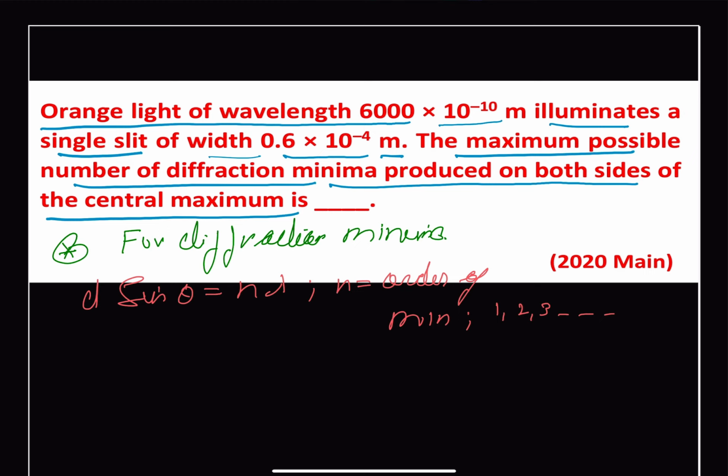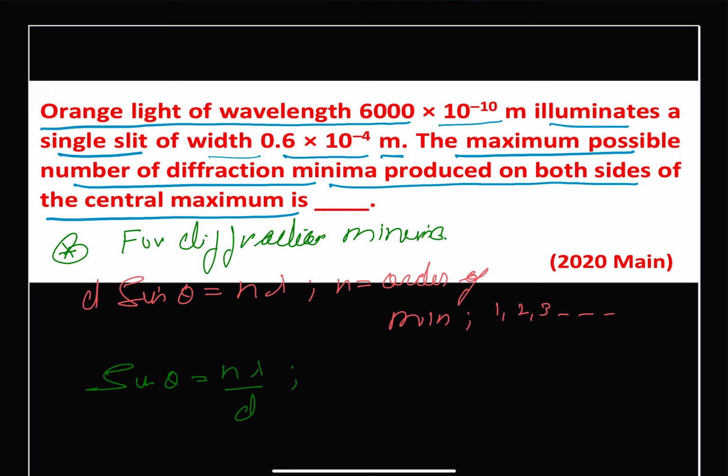From here we can write that sine theta will be equal to n lambda divided by d, and we need the maximum possible n, which is only when sine theta is equal to 1.